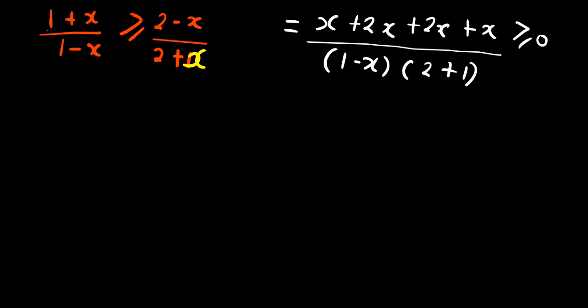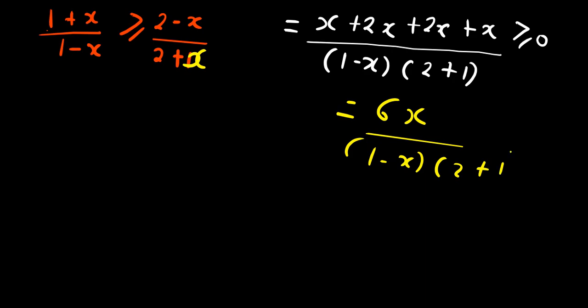Now when we solve, what are we going to have on top? We haven't finished solving the top. x plus 2x plus 2x plus x, that is just about 6x. Good. Then you have 1 minus x times 2 plus x, and this should be greater than or equal to 0.